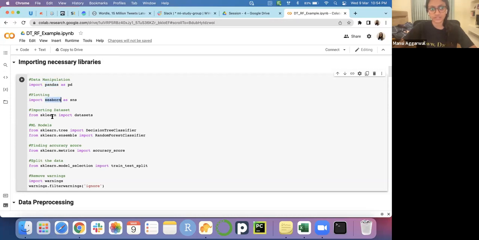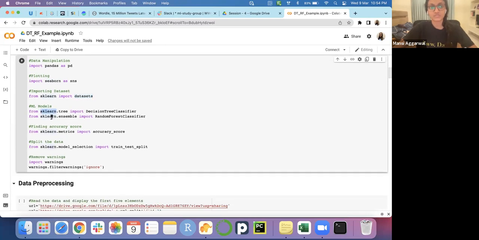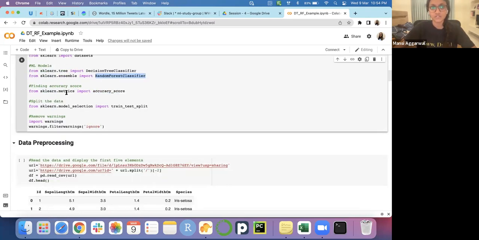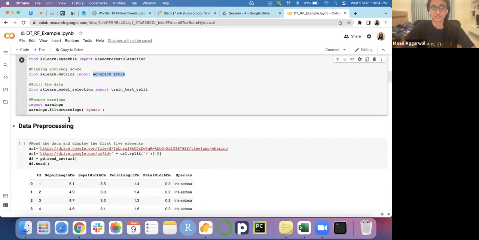Seaborn is for data visualization. From Sklearn, we'll be importing the IRIS dataset. For ML models, we'll be using DecisionTreeClassifier and RandomForestClassifier of the Sklearn module. For the accuracy score metric, we'll be using accuracy_score. And for train and test split, we'll be using train_test_split from model_selection.